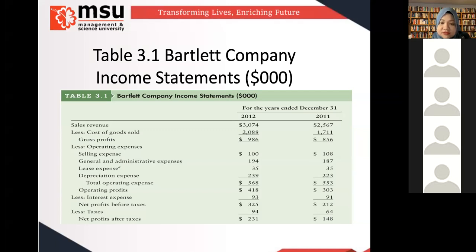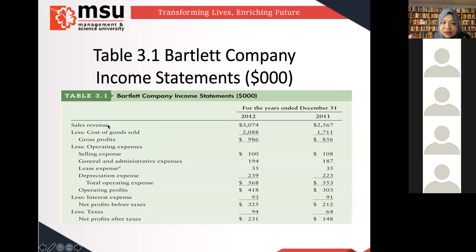Cost of goods sold, net profit. I think it's total operating expenses. Is it here? Wrong. Cost of goods sold is this. It's already stated here.